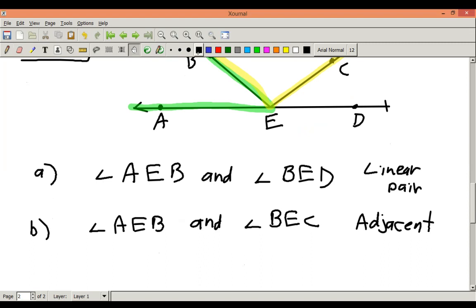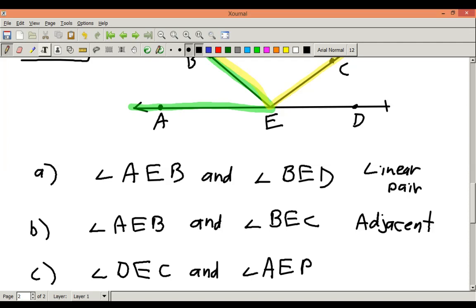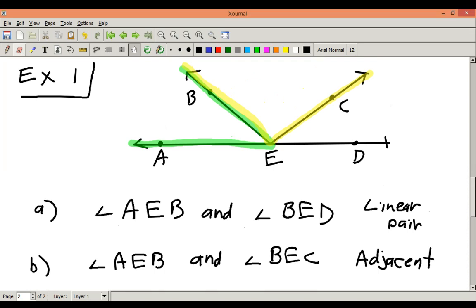And let's talk about another pair on the same diagram. So let's talk about angle DEC and angle AEB. Okay, so let me highlight those.